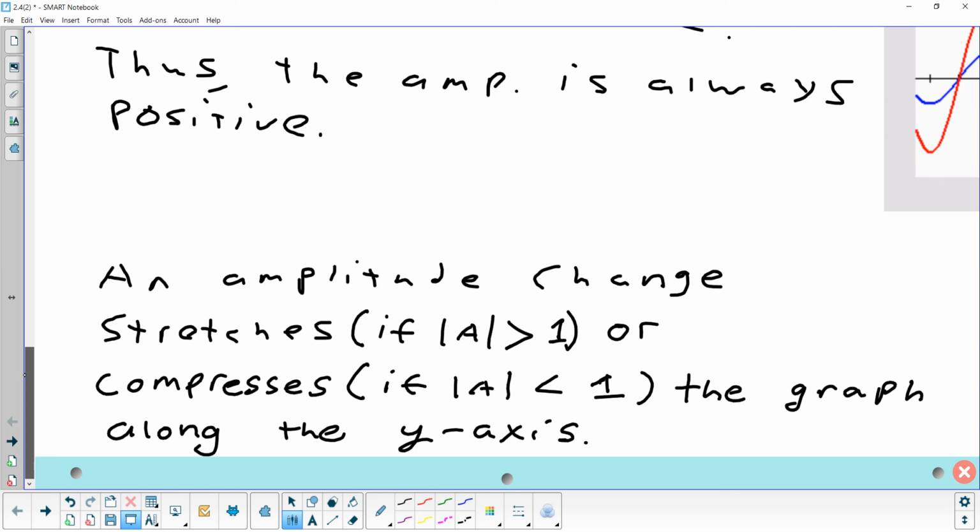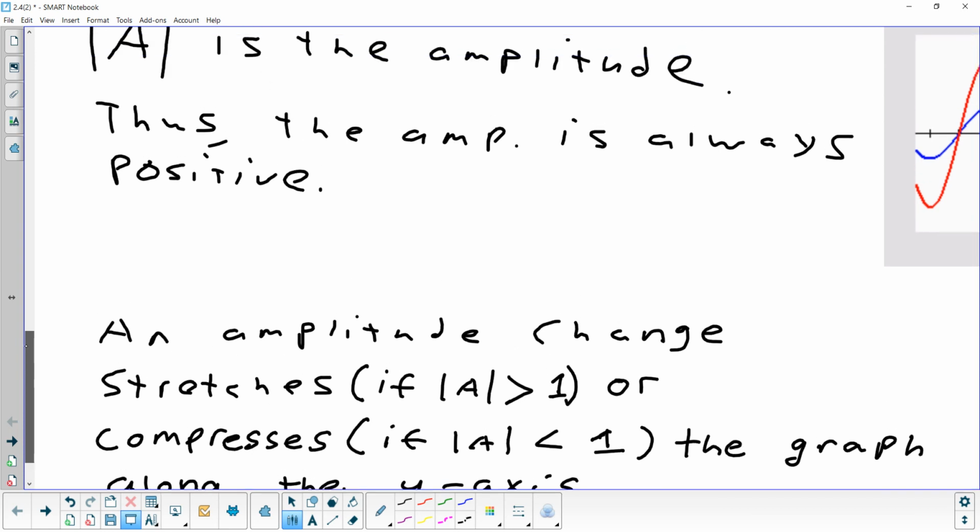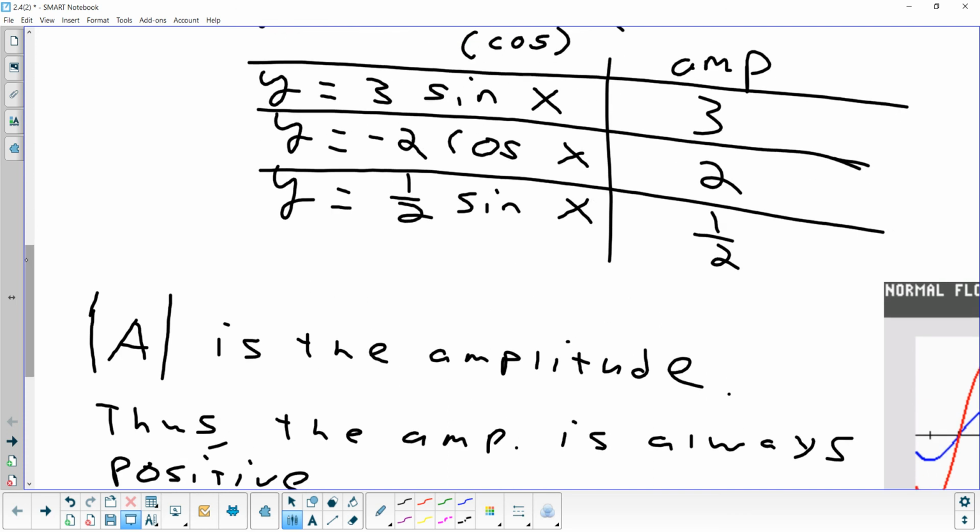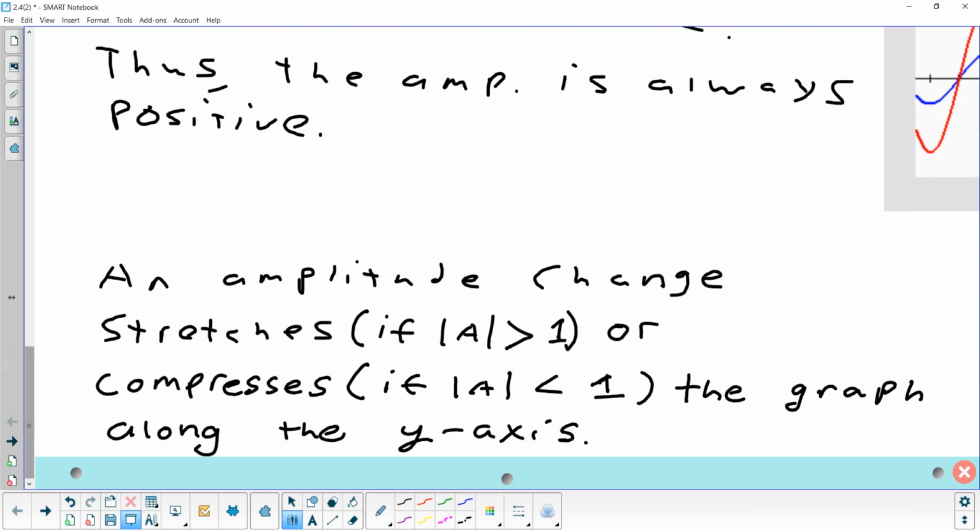If you have a number in front that has an absolute value of less than 1, like 1/2, that will compress the graph. And everything is happening along the y-axis today. Things are getting taller or shorter on the y-axis. So those are the values that are going to change today.